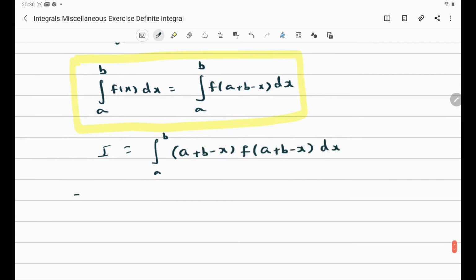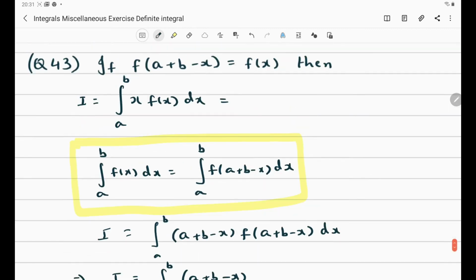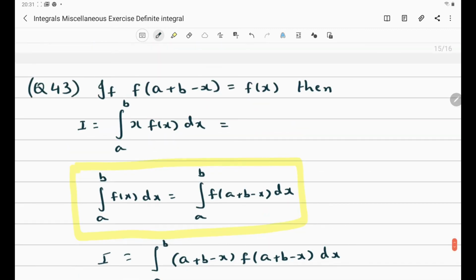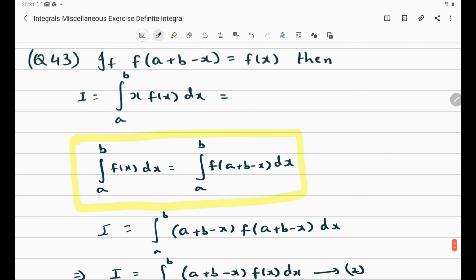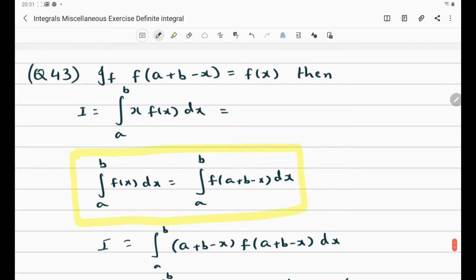So, this implies I is equal to integral from a to b a plus b minus x into f of a plus b minus x, which is given to be equal to f of x. It is given in the problem f of a plus b minus x is same as f of x. So, in place of f of a plus b minus x you can write f of x dx. So, let us call this as equation 2 and the earlier one as equation 1.